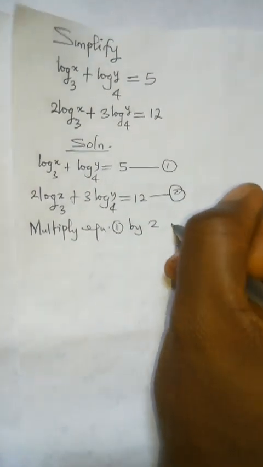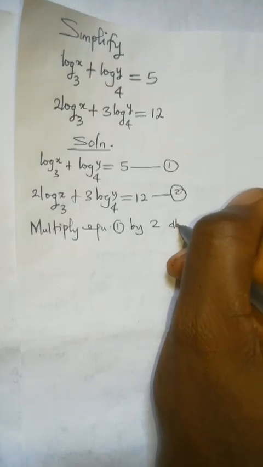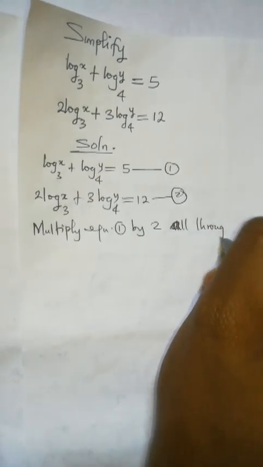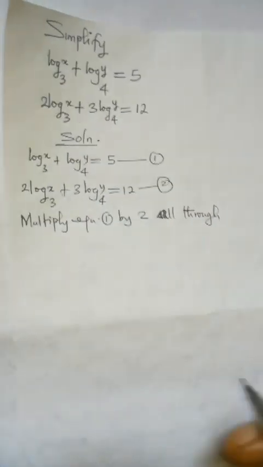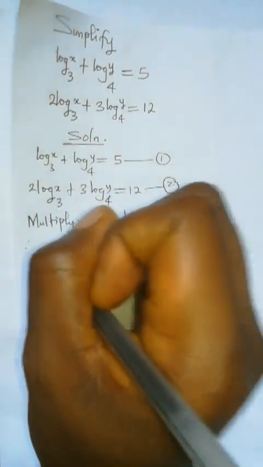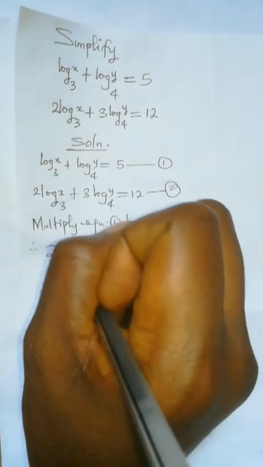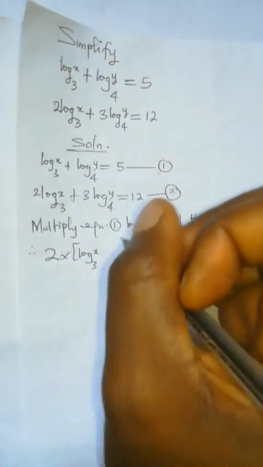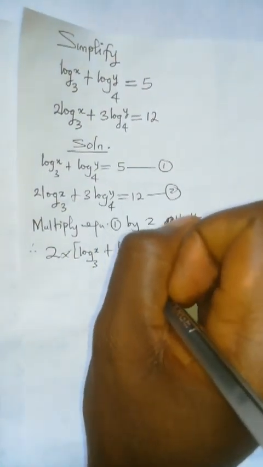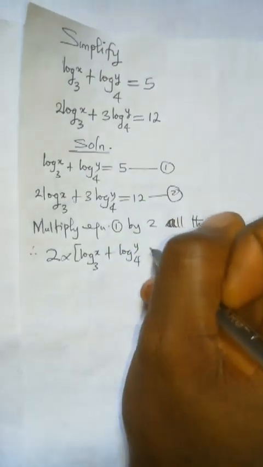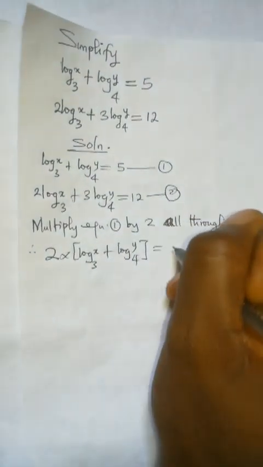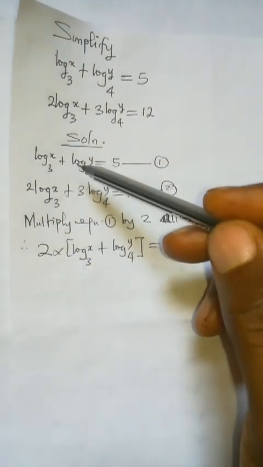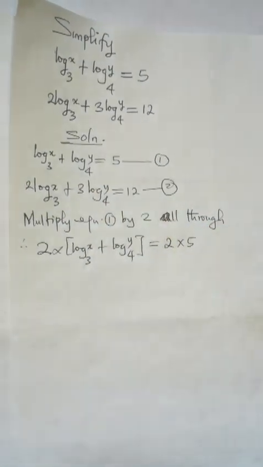So that is all true, as you can see. Therefore we have 2 times log x base 3 plus log y base 4, which is going to be 2 times 5. Whatever I do to the left hand side, I have to do to the right hand side.